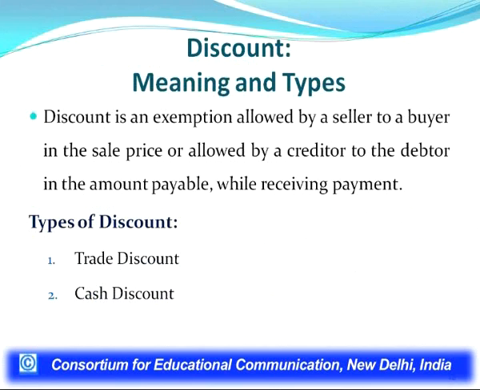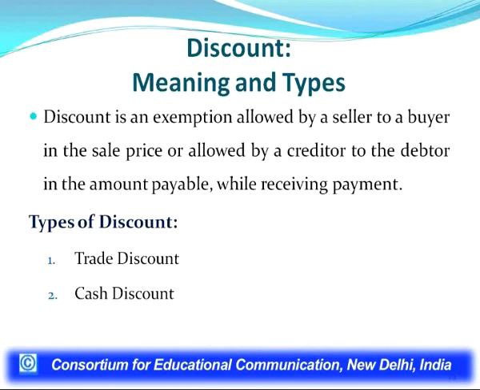Before coming into the compound entry, we would like to explain a new term, discount. This is very common. Even as a person, when you go to any shop and buy any goods, you ask the shopkeeper, what is the discount? How much discount is he allowing you?